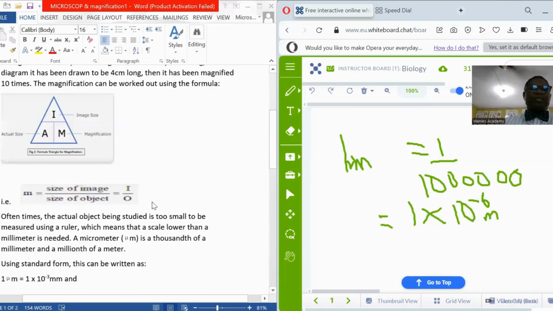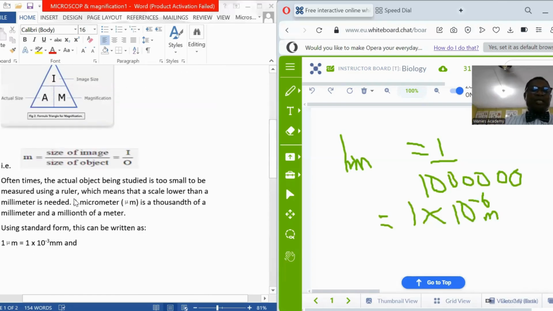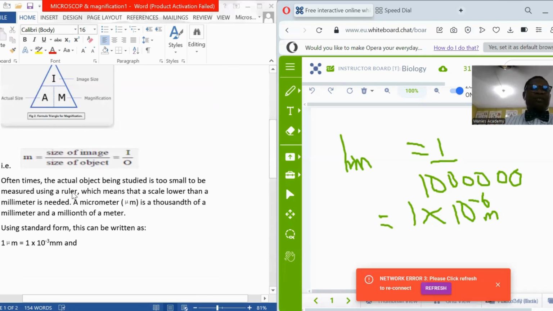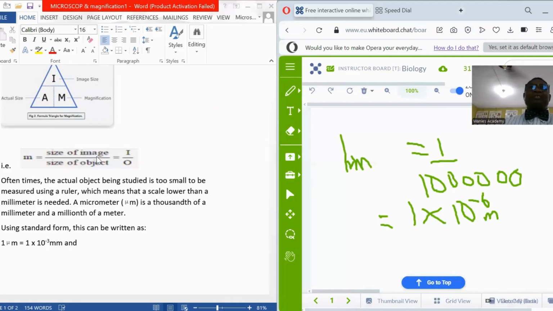The reason we use this smaller unit is that the size of the specimen given is always very, very small compared to the size of the diagram which is drawn. And to determine the original size, we have to get the magnification, which can be calculated as the size of the image drawn over the size of the real object or the specimen.